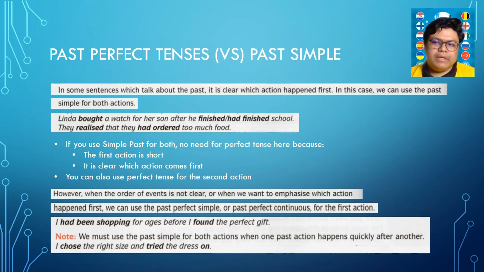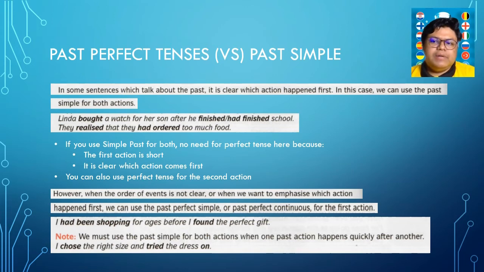Okay, so kalau tak jelas action mana datang dulu, ataupun kita nak tekankan action yang first tu, kita boleh gunakan sama ada past perfect simple ataupun past perfect continuous for the first action.